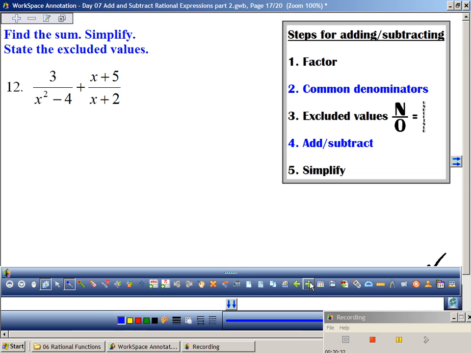What about this one? Show me on your whiteboard what this one is going to need. Just show me what you're going to multiply by. That will give me a good assessment of what you guys know. Not on your desks, I want to see it. Real quickly, what is this one going to need in order to create a common denominator?